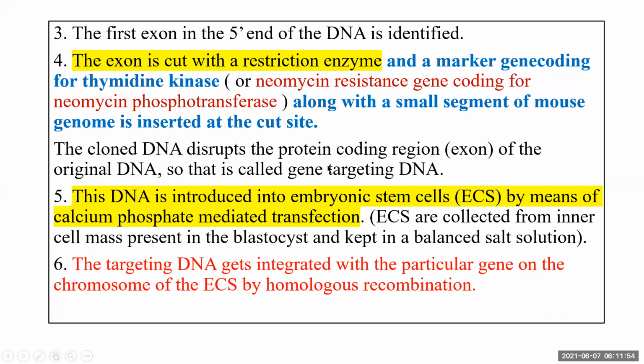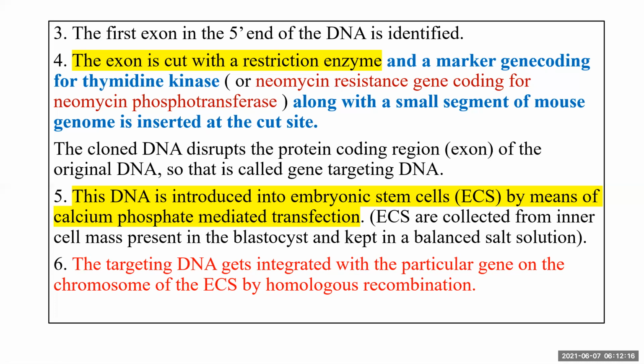What is this cloned DNA? It contains a mouse DNA where the first exon at the 5' end is cut. That means the exon function is disrupted, and in the exon you have inserted a small segment of mouse DNA tagged with a marker gene for thymidine kinase.